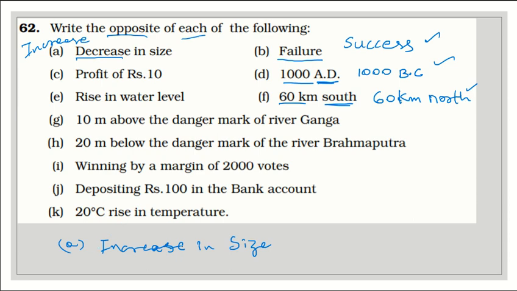And coming to C, the keyword is profit, opposite of profit is loss, loss of rupees 10. And when it comes to E, rise, opposite of rise is fall, fall in water level.